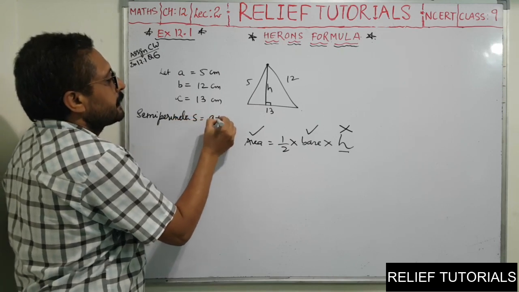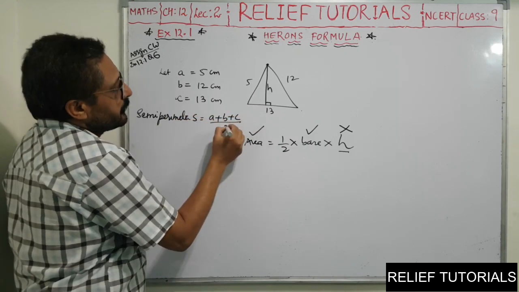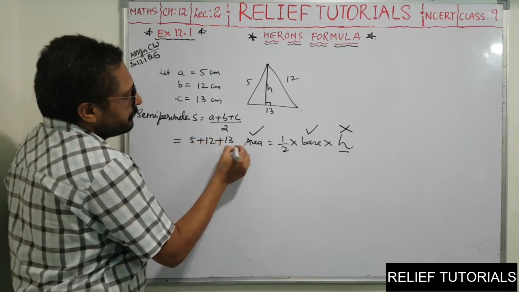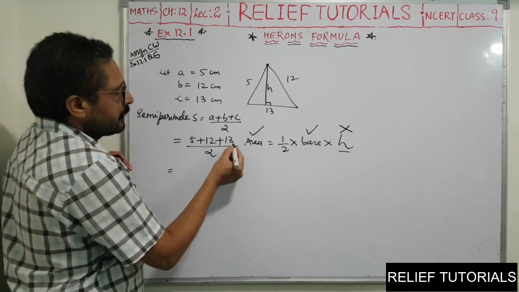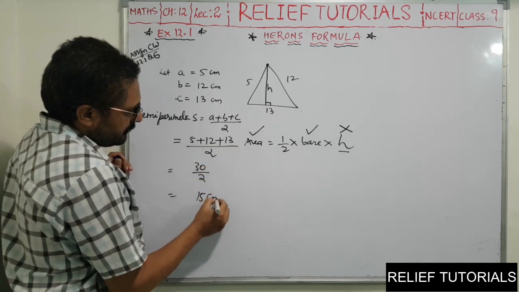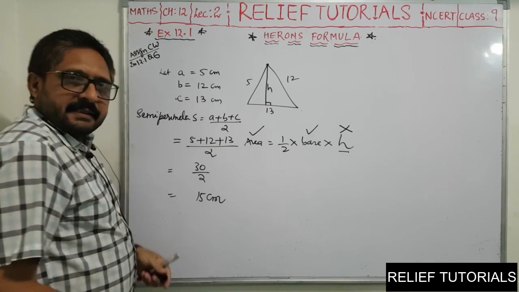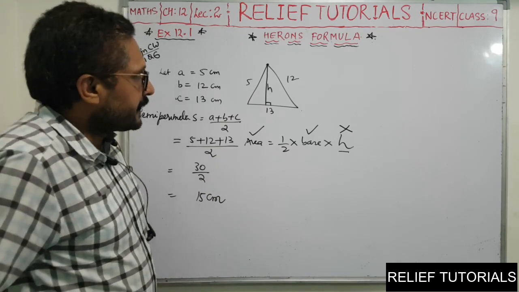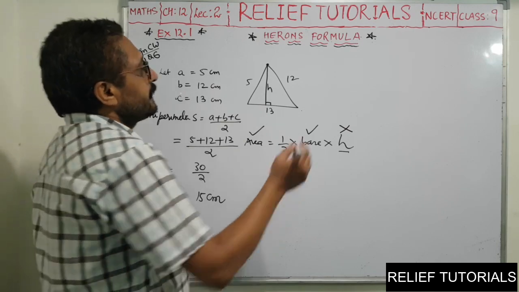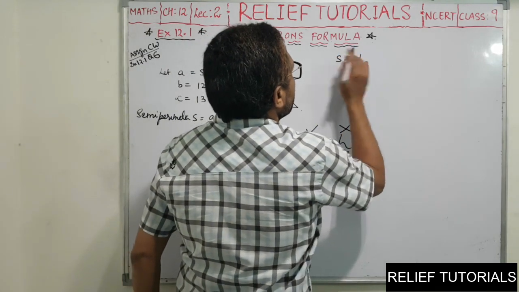Yes, a plus b plus c by 2. 5 plus 12 plus 13 by 2. 30 by 2, so that is equal to 15 centimeters, the semi-perimeter. Okay, so now I will find the area.